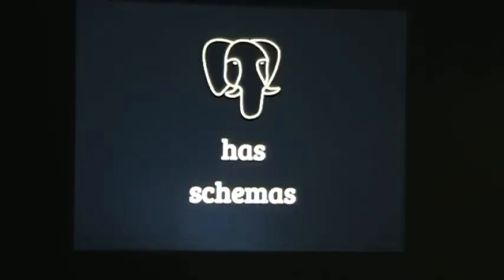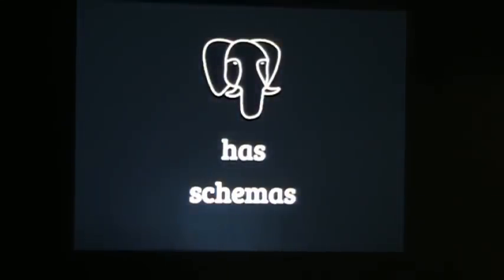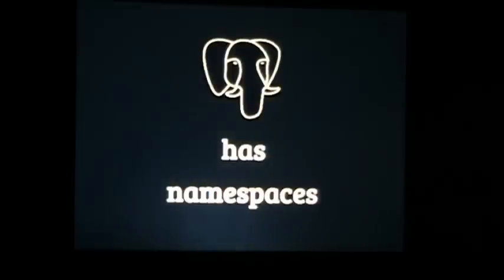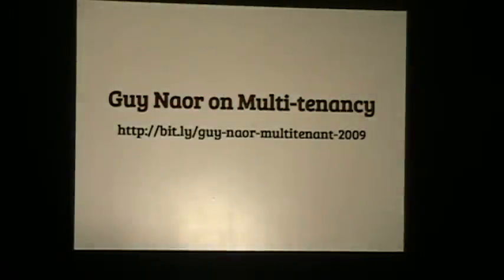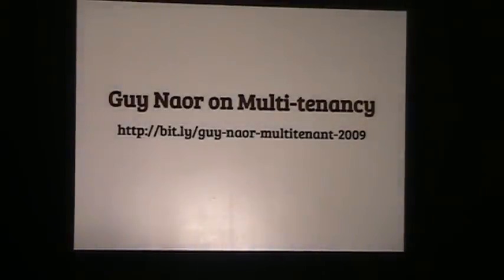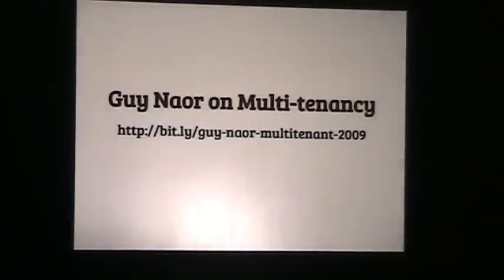Postgres has this thing called schemas, but for this talk I want to call them namespaces, because we all know schemas to be something else, which is the structure of your database. So I'll just say namespace here. That makes more sense. In fact, Ramon gave a talk on Postgres and multi-tenancy, and I think he also repeated it for a local Ruby meetup.